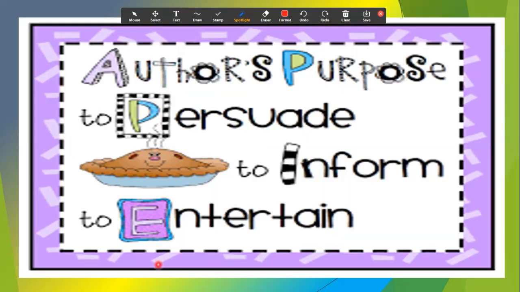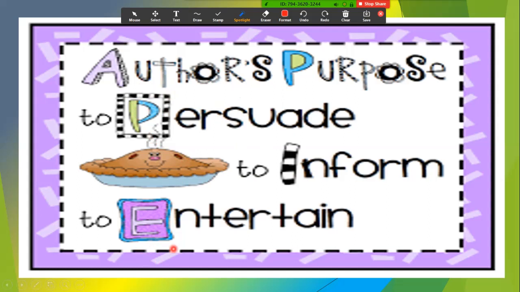I want to remind you of author's purpose and what is meant by author's purpose. Author's purpose is to persuade, to convince people about his story, to inform people with information about something, or to entertain them and give them fun.